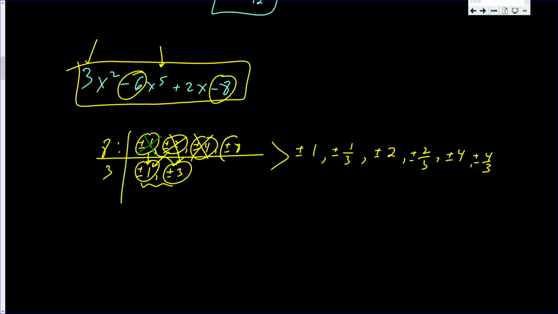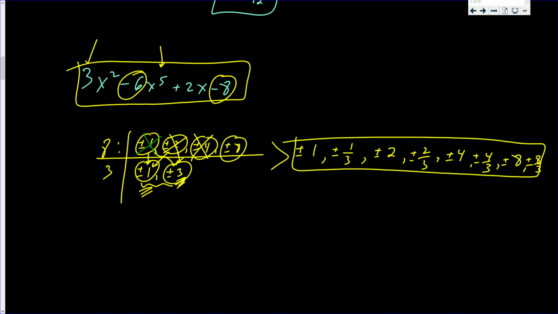Now I do the same with 8. I divide 8 by 1. Get plus minus 8. Then I divide 8 by 3. I get plus minus 8/3. These are the possible zeros. Those are the only possible rational zeros.